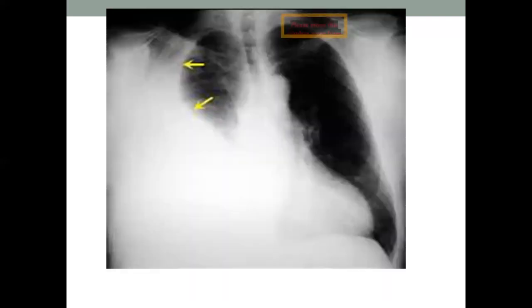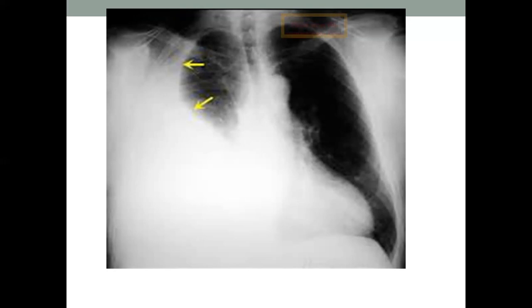This is another chest X-ray of pleural effusion. Here, we can say that this effusion is mesopleural effusion because more than half of the hemithorax is filled with fluid.